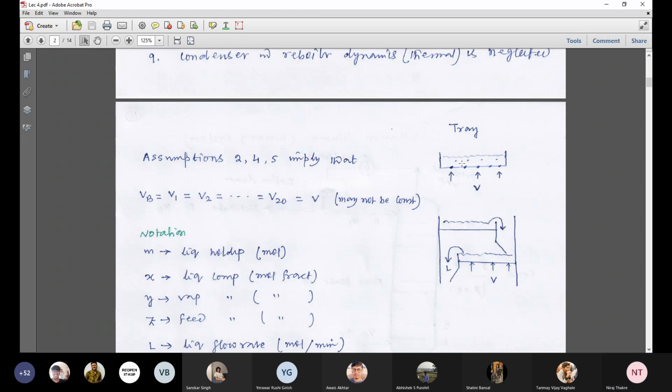Agree? This is the hot vapor, okay? So the more volatile component A will transfer from liquid to vapor phase. Which component will transfer from vapor to liquid? B. Yes, B.